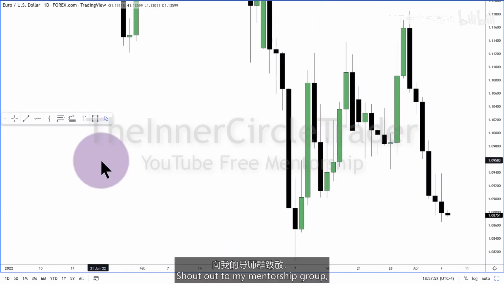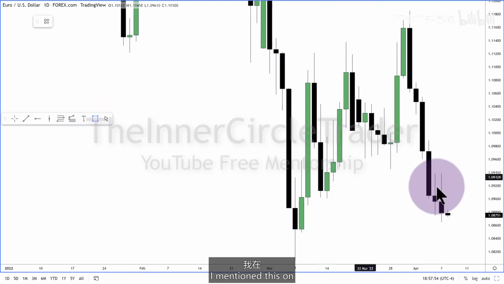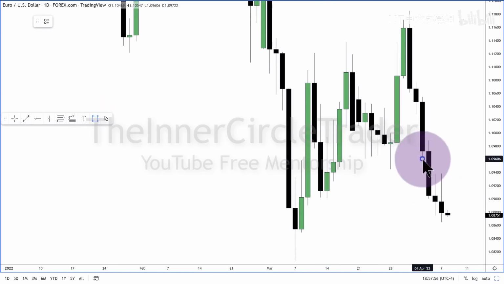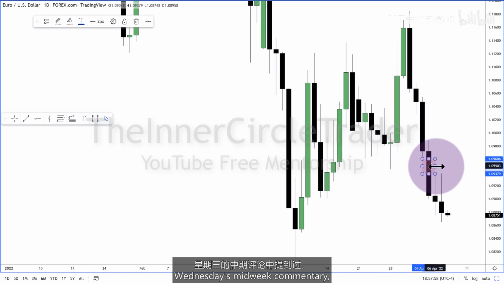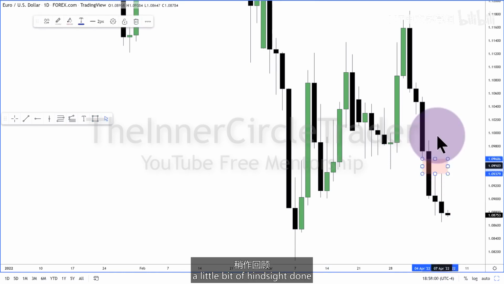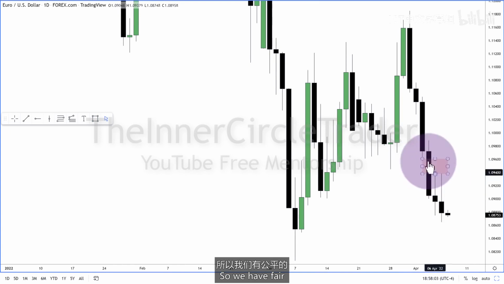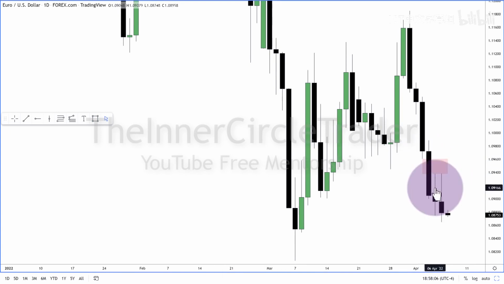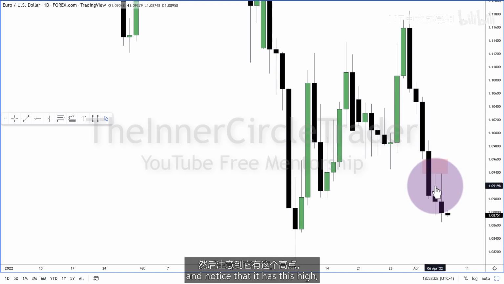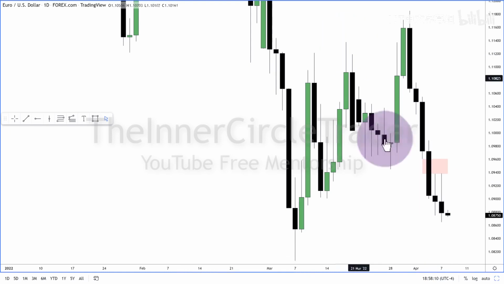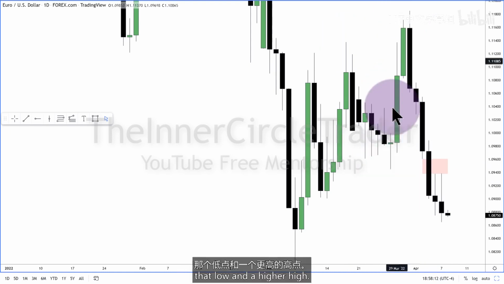Shout out to my mentorship group, private group. I mentioned this on Wednesday's midweek commentary. A little bit of hindsight, done right. So we have a fair value gap there. And notice that it has this high, that low, and that higher high.